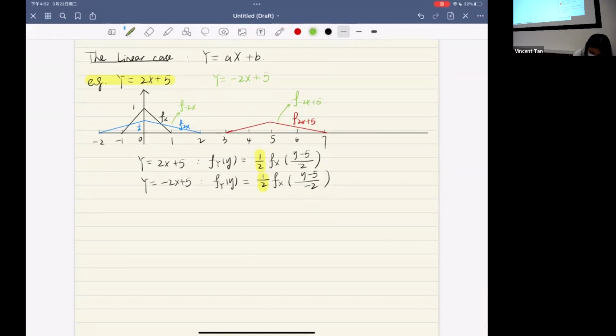So from this result, we can conclude that fy is equal to 1 over the absolute value of a, multiplied by the PDF of x evaluated at (y minus b) over a.